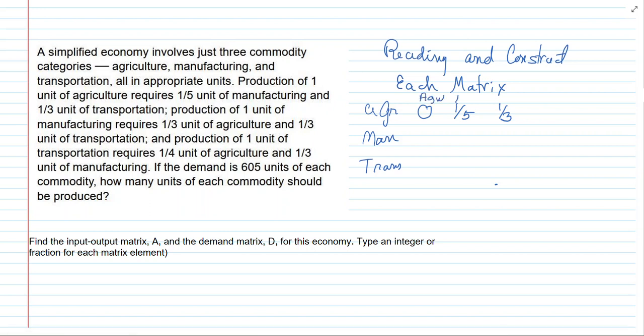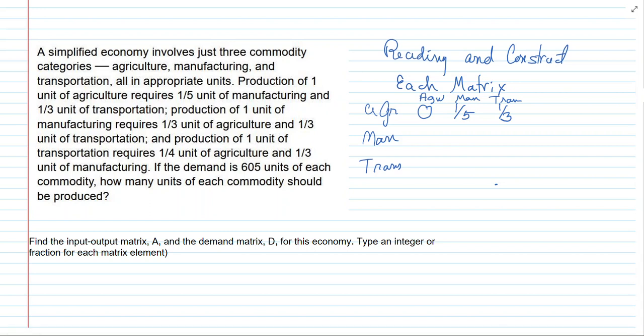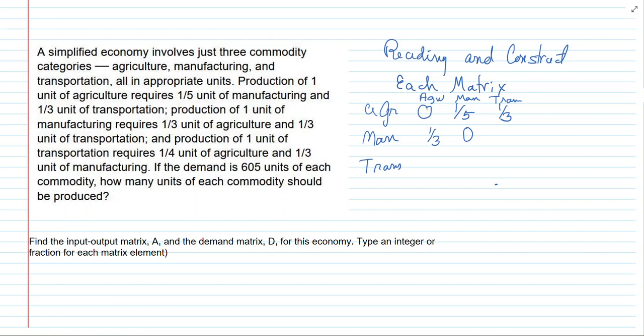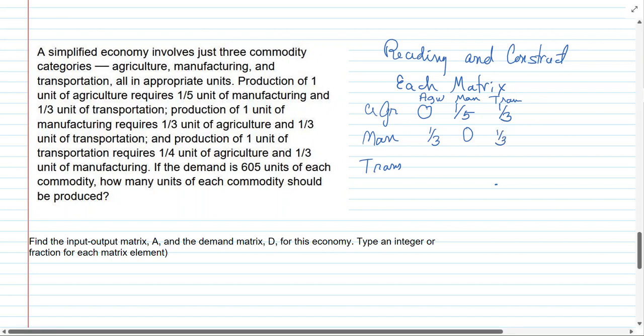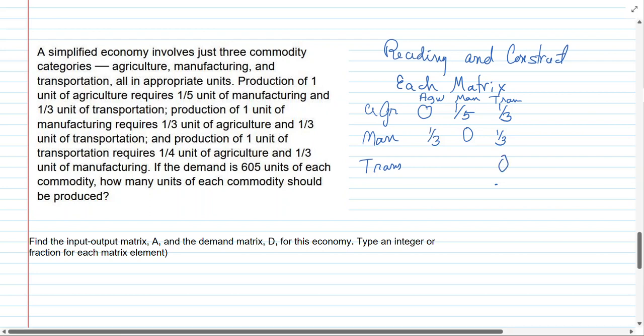So then our next line says 1 unit of manufacturing, that's our 0 there, requires 1/3 agriculture and 1/3 transportation. Now we're looking at the production of 1 unit of transportation. So 0 is in transportation. And I'm going to put 1/4 agriculture and 1/3 manufacturing.